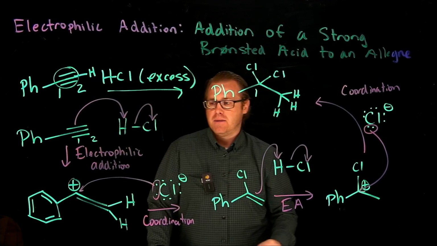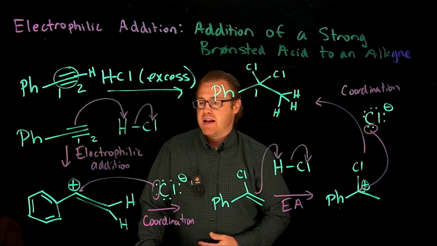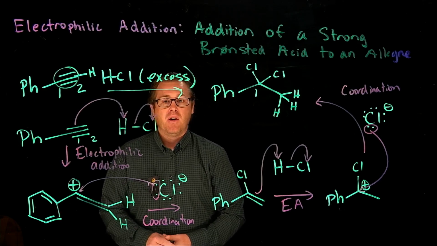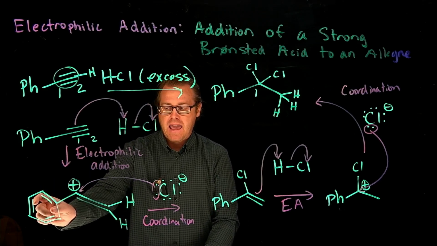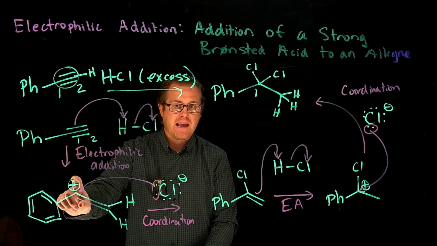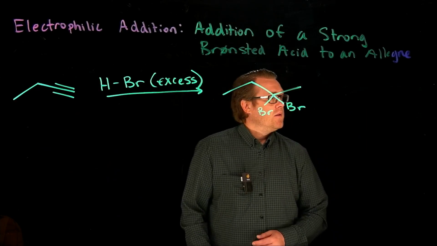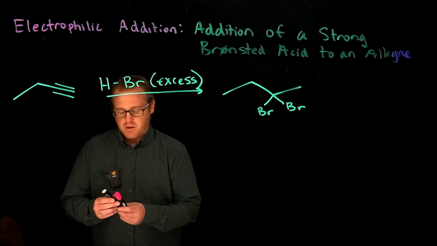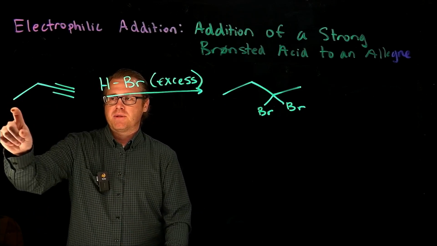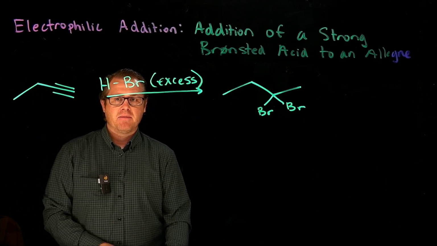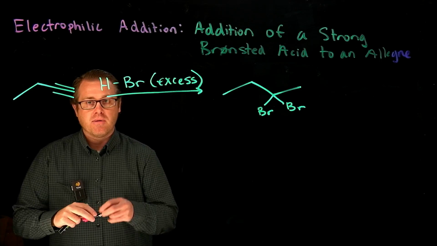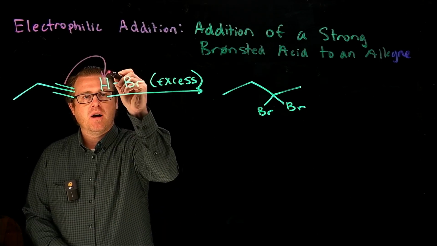Okay. So next, let's take a look at the mechanism that we can invoke when we don't have the ability to stabilize a vinylic carbocation. So here's an example of an alkyne that doesn't have any groups attached to it, like a benzene ring, that can stabilize the vinylic cation. So let's try to do the mechanism the incorrect way first to show you what I'm talking about.